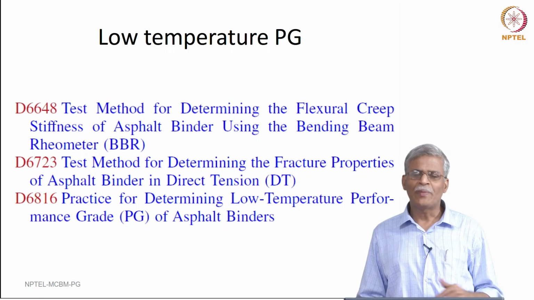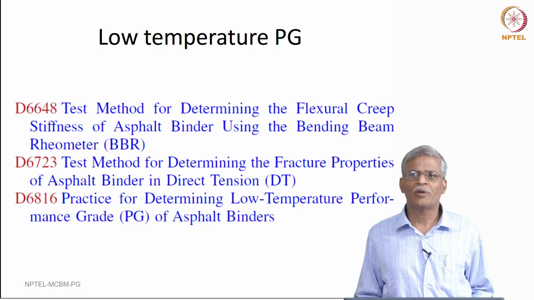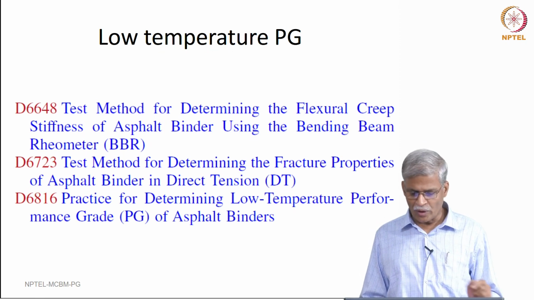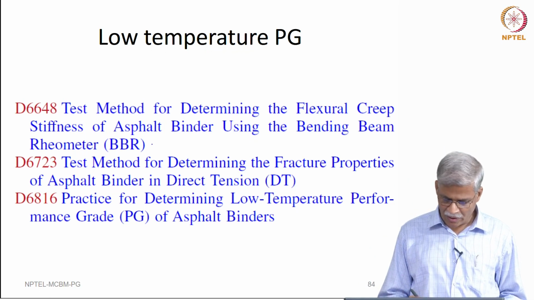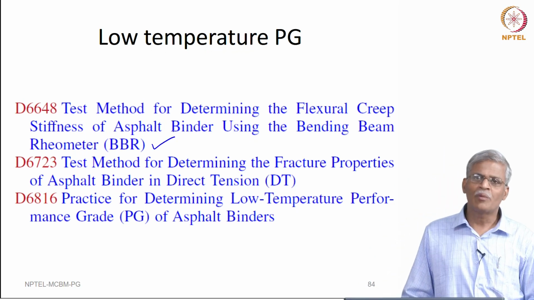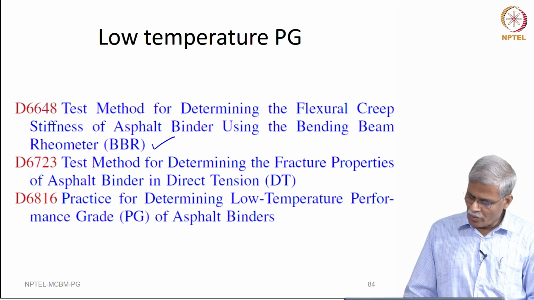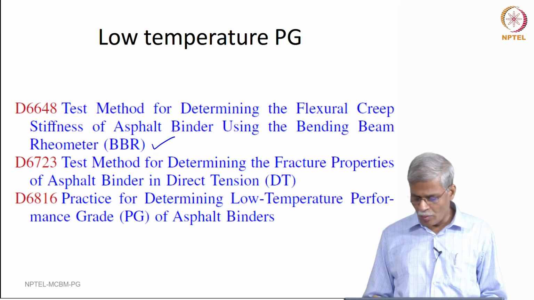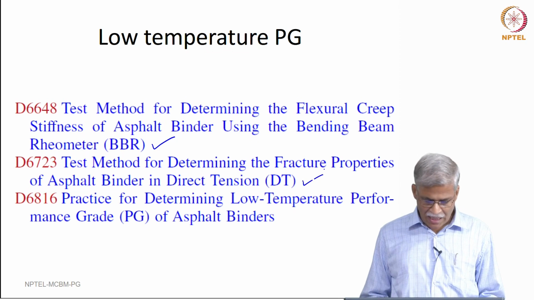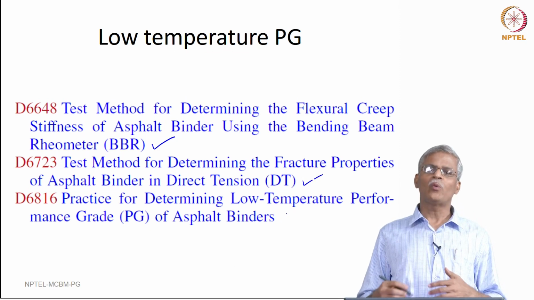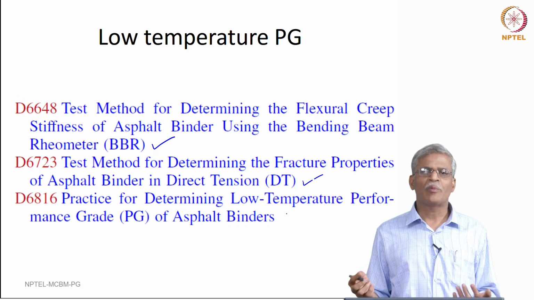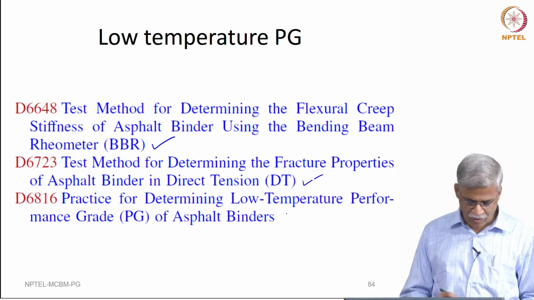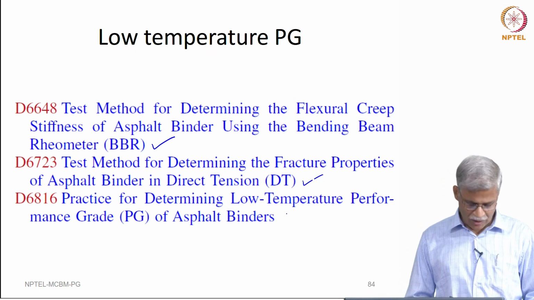We will complete this lecture on the performance grade for bitumen by looking at the low temperature PG. In the earlier lecture we talked about the bending beam rheometer, and right now we are going to talk about the direct tension test, and then we will also see how we could use this information to make some statement about the low temperature performance grade properties of asphalt binders.